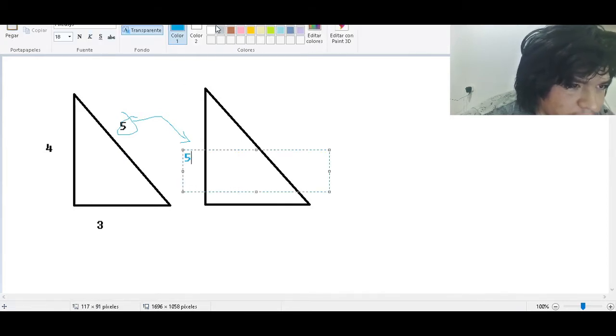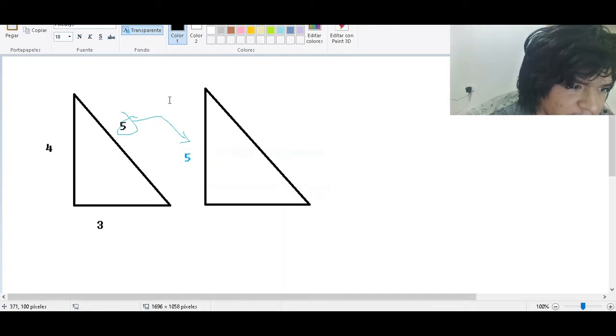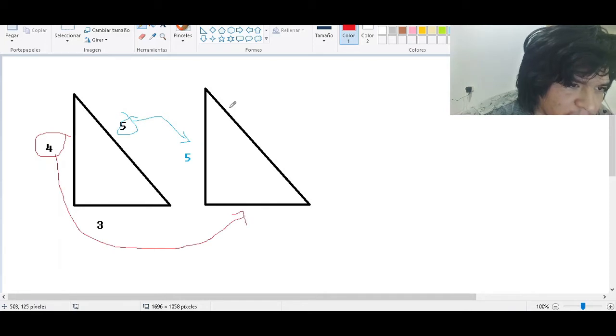And the second longest side, that is this 4, should be the shortest side of this new triangle.